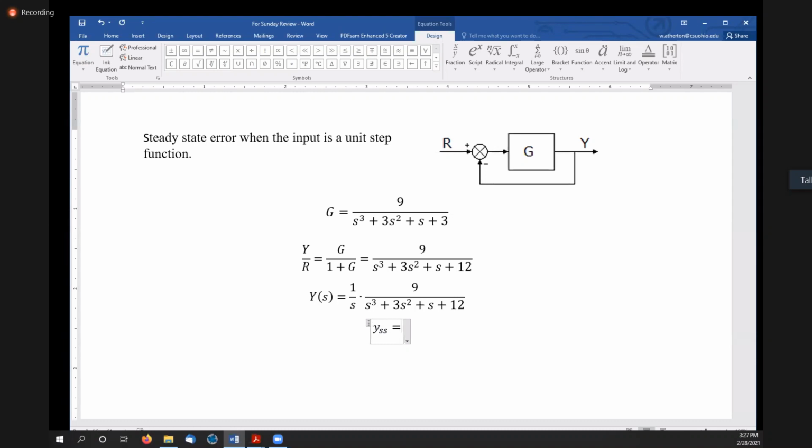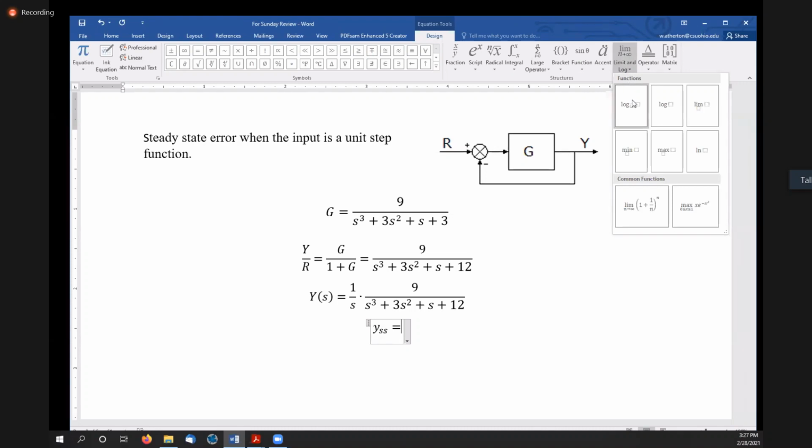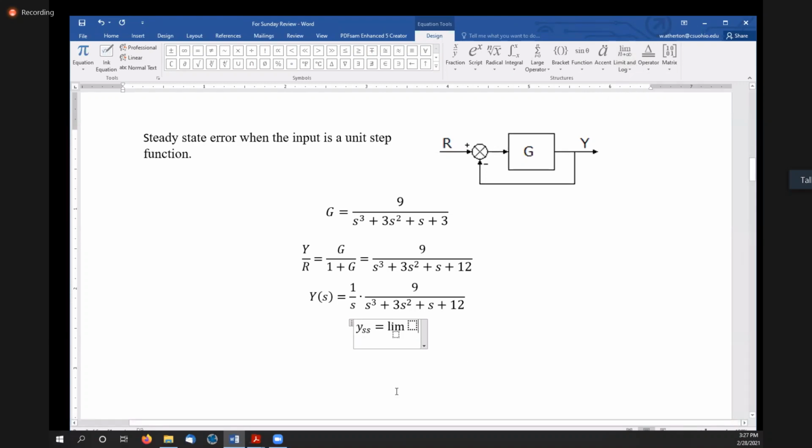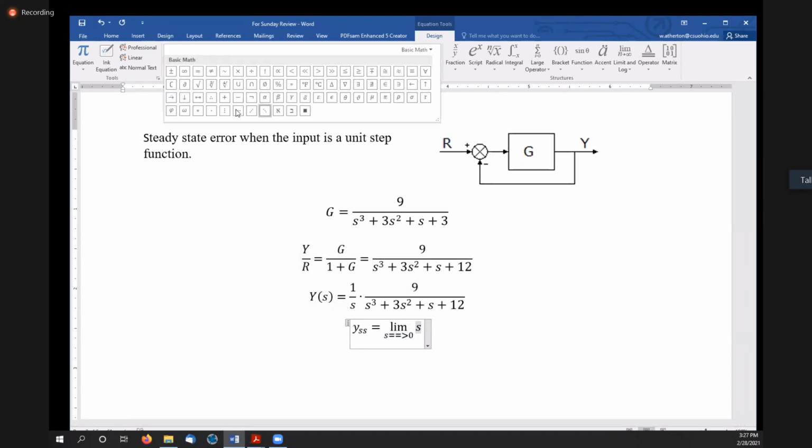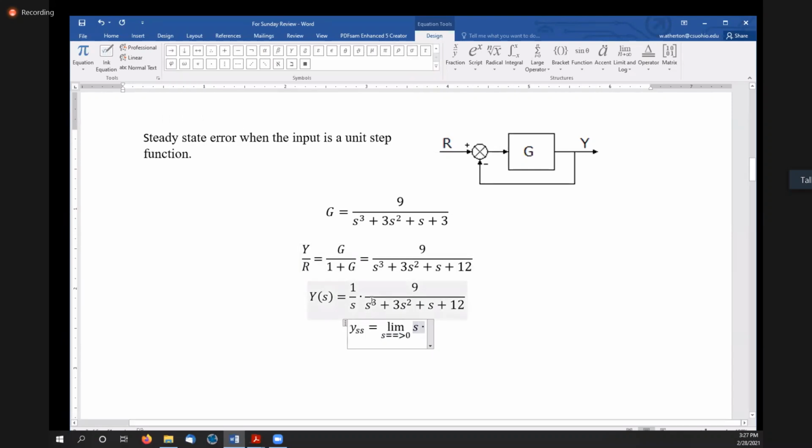This is the final value, little y is time domain, and the steady state value is equal to the limit as s goes to 0 of s times, that s is part of the final value term, times this.